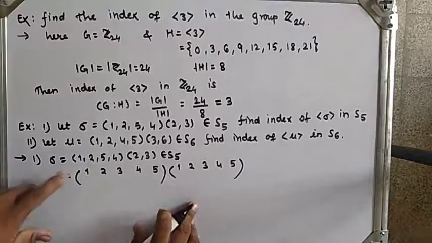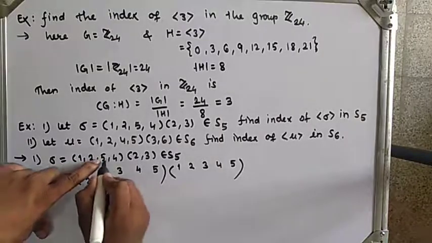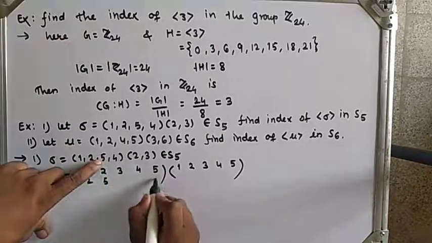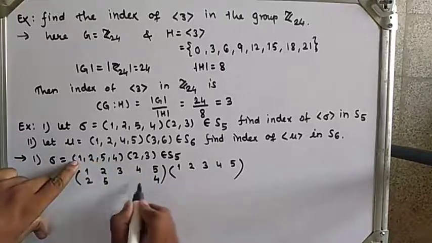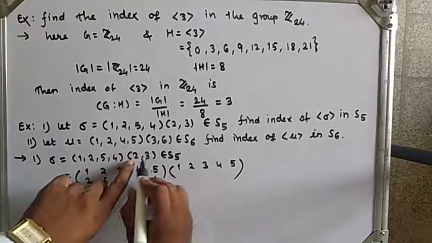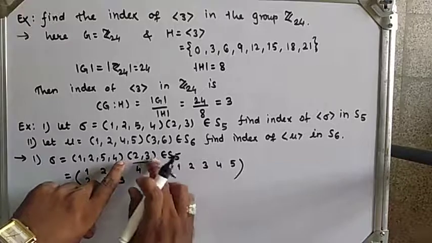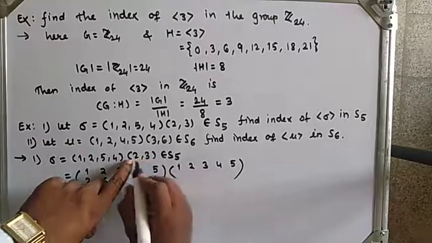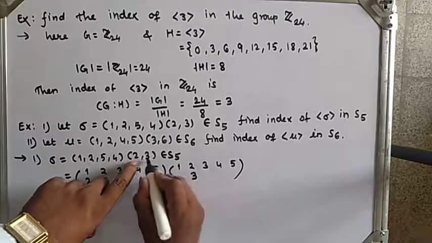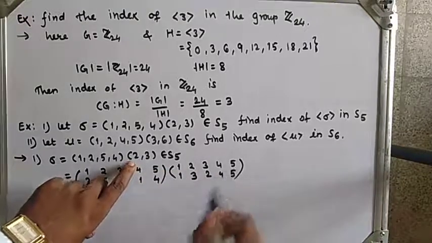In the first cycle, 1 goes to 2, 2 goes to 5, 5 goes to 4 and 4 goes to 1, with 3 as it is. In the second cycle, 2 goes to 3 and 3 goes to 2, so 1, 4 and 5 are as they are.